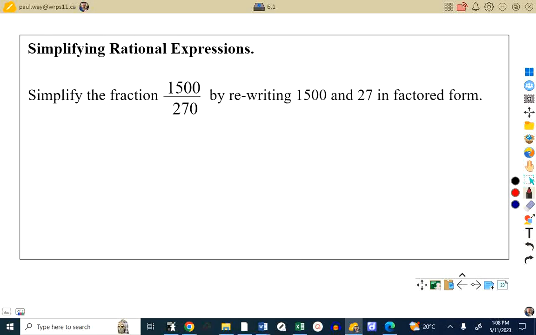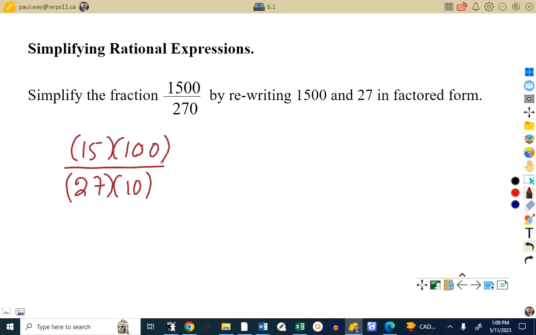I want us to simplify 1500 over 270 without using a calculator. We might have to rely on a calculator to find factors of those things, but I would prefer not. What I want us to do is to write 1500 in factored form, and we do not have to do this in one shot. Can I cancel?